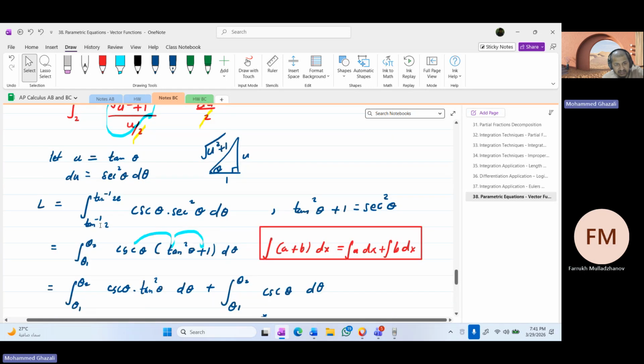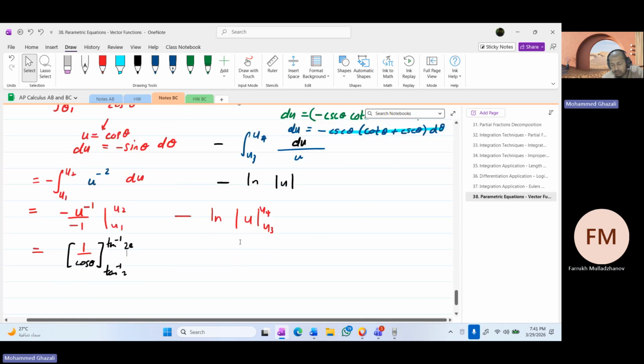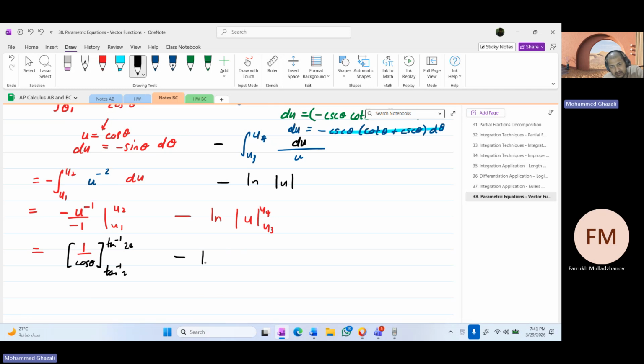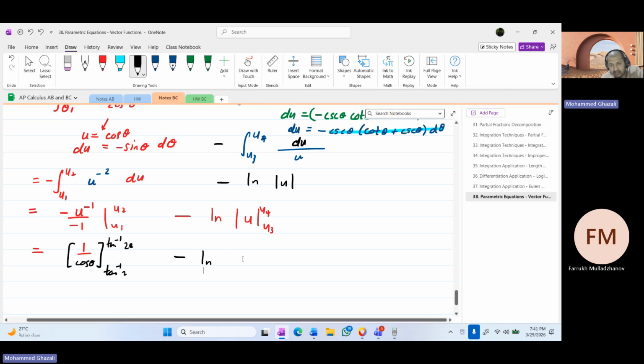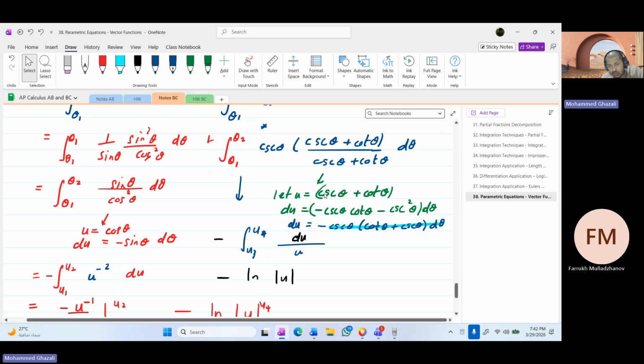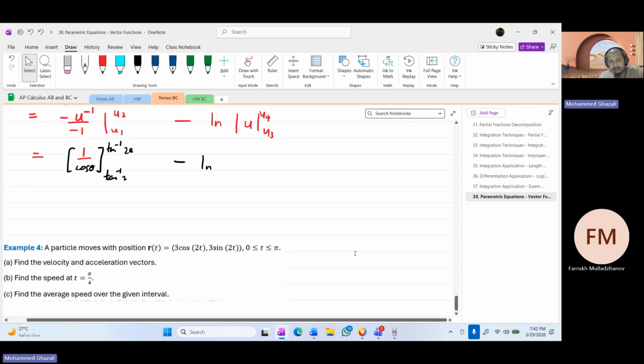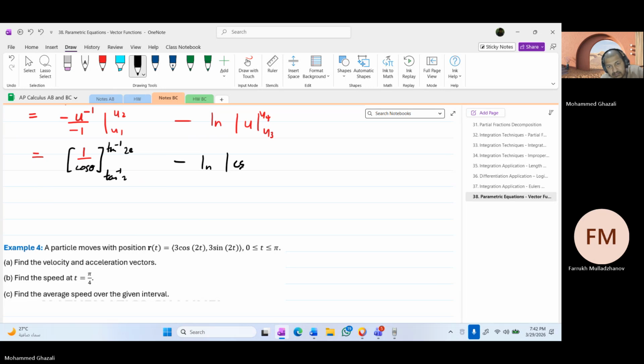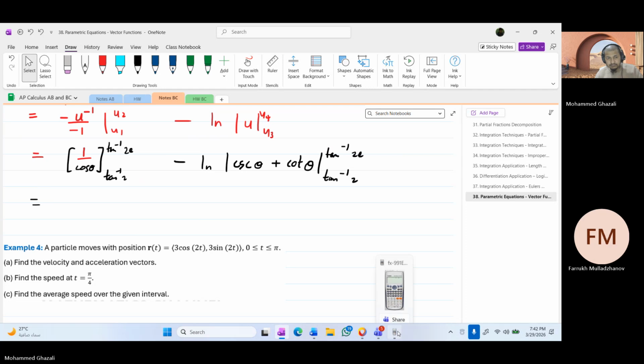Yeah, that's what it was. And what is this? Negative ln. What was u over here? The value of u over here was cosec theta plus cot theta. And same, tan inverse 2 and tan inverse 2e. Now, you substitute all this inside here and you will get an answer, okay?